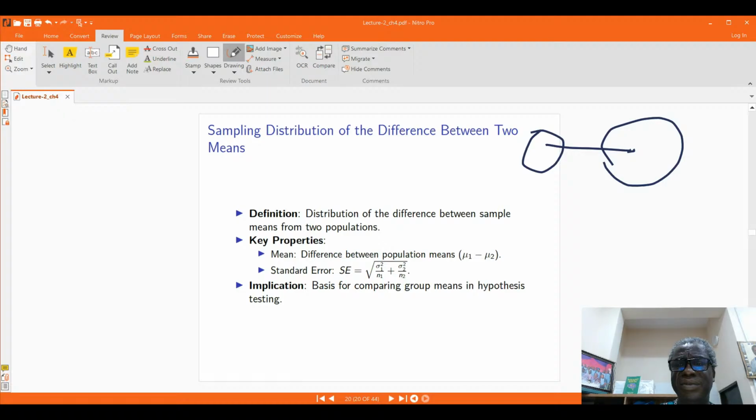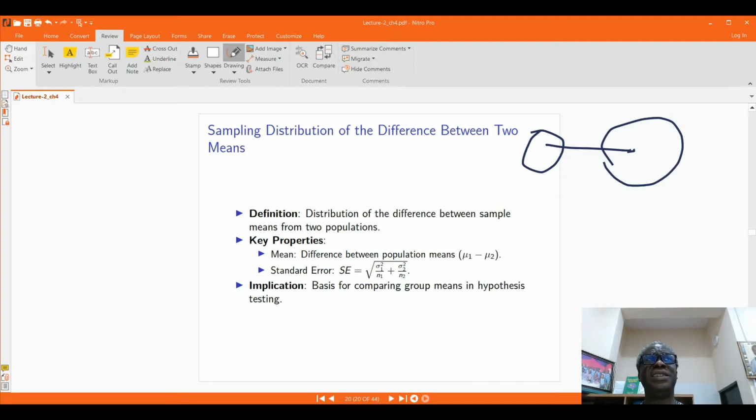So we need this as a basis for comparing and testing hypotheses about two groups. In experimental design, you can have two groups, and then you are comparing the average of the two groups.